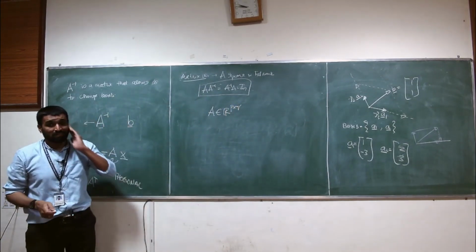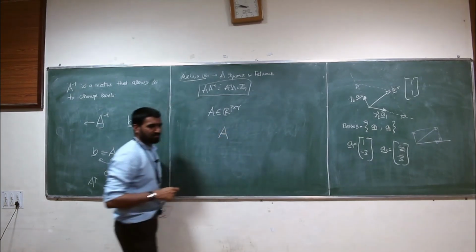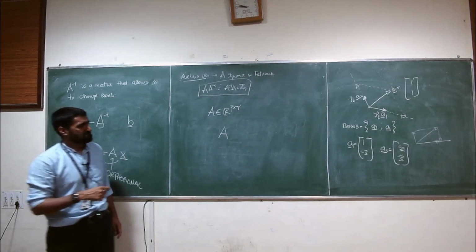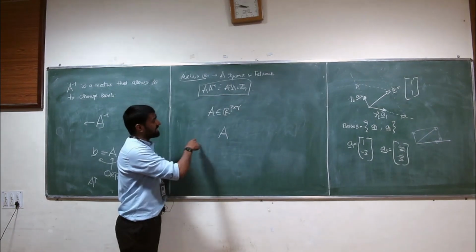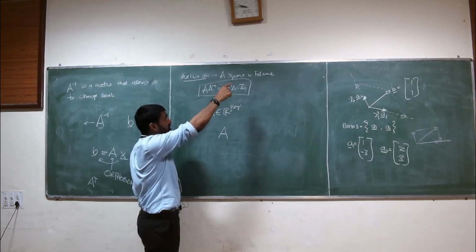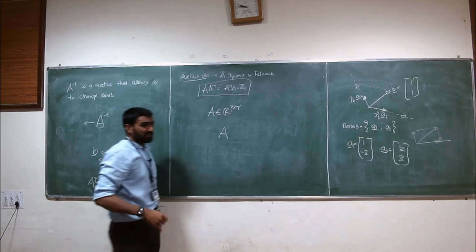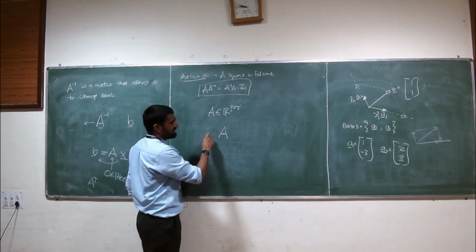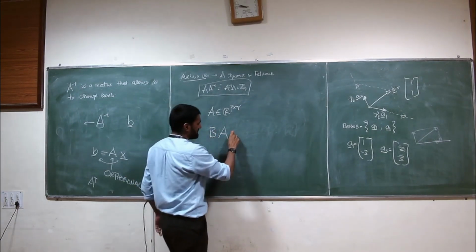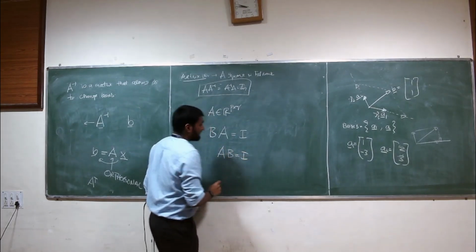If A was rectangular, the question is now, can you have an inverse? That's one type of inverse. When A is square and full rank, there is one unique matrix that whether you post multiply or pre multiply, you will always get the identity matrix. If A is rectangular, the question is, is there a matrix such that B times A gives me I, and A times B gives me I?